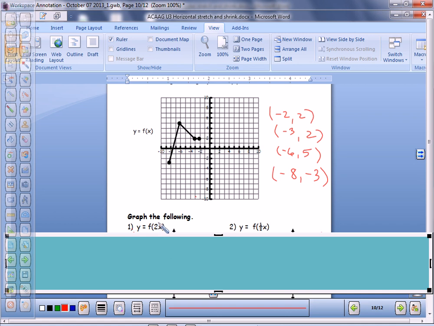But this is when it affects the f, the y, because f of x means y, so this is 2 times your y. This is in with the x, so it affects the x. So when it's vertical, you multiply by the y.